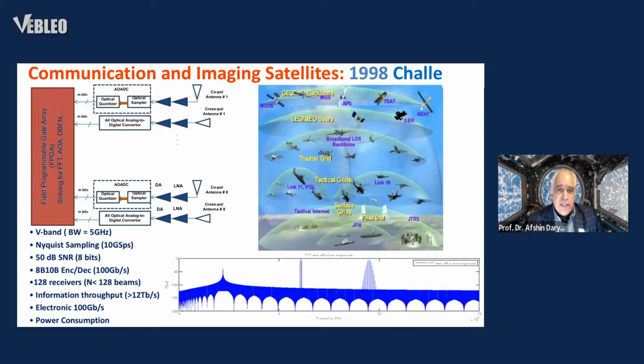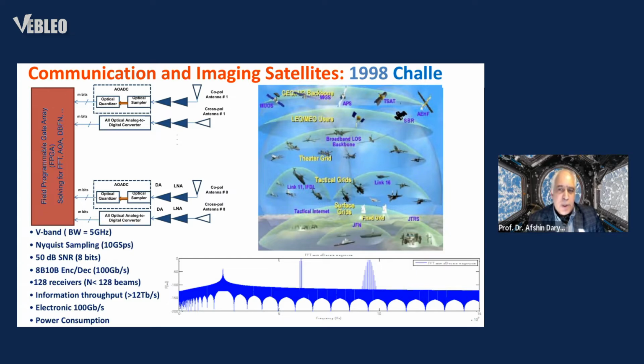The challenge that we have been focusing on is a challenge that was posed by DARPA in the 1990s, where the goal was to provide a fully interconnected low Earth orbit, as well as medium and geosynchronous orbit, to a variety of flyers that are going to be airborne, as well as land-based and ship-based structures.